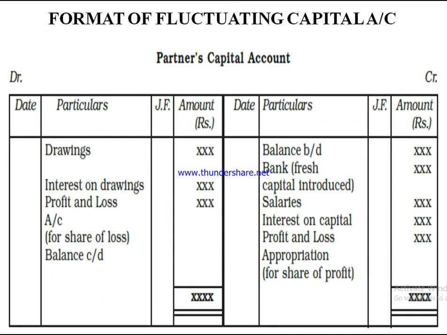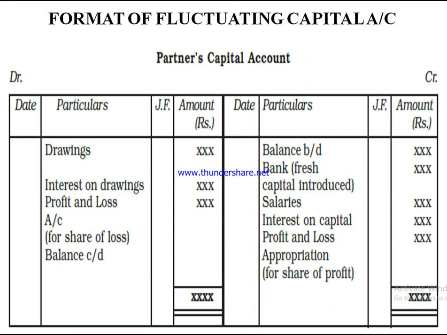Again here we record the opening balance or opening capital and additional capital, salary for the partners that they get from the firm, interest on capital, and profit from profit and loss appropriation account. Next, on the debit side, we have drawings that the partner has made, and interest on drawings that the partner has to pay to the firm.